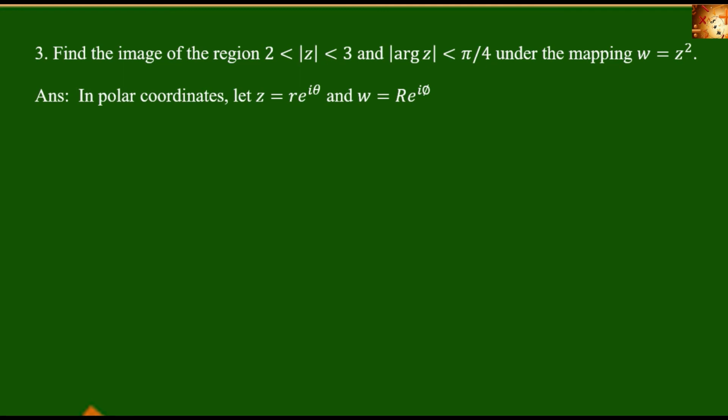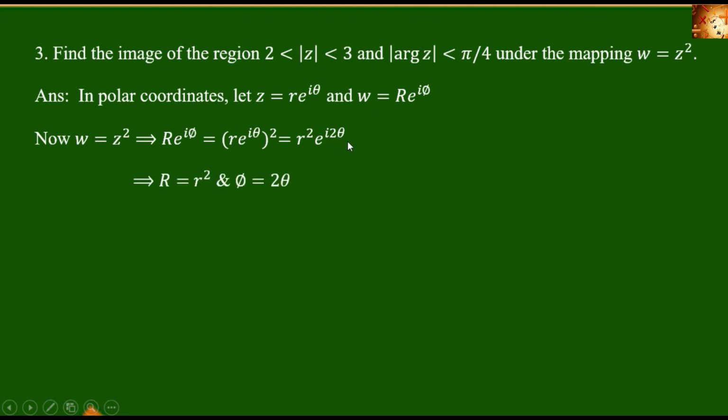In polar coordinates, let z equal to r e raised to i theta and w equal to capital R e raised to i phi. Then w equal to z square implies capital R e raised to i phi equal to small r e raised to i theta the whole square, which means r square into e raised to i 2 theta. So comparing on both sides, we have capital R equal to small r square and phi equal to 2 theta.